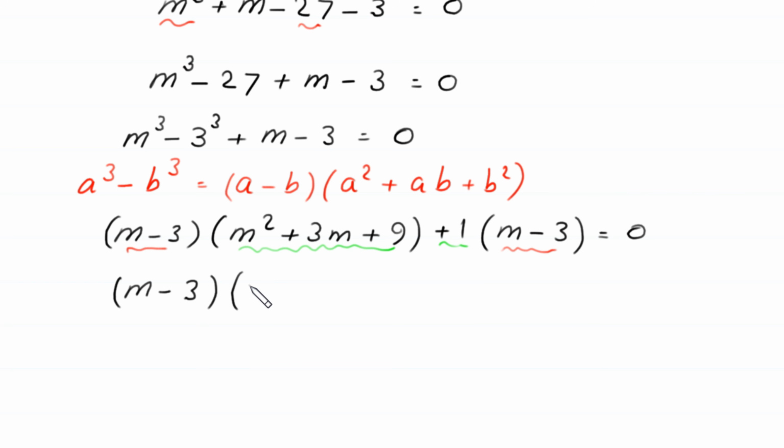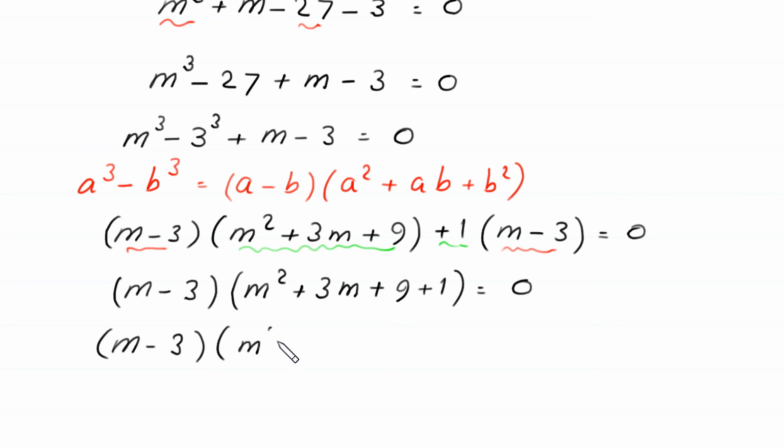In bracket left, m squared plus 3 times m plus 9 plus 1 is equal to 0. Next, m minus 3 times m squared plus 3 times m, this 9 plus 1 will become 10, is equal to 0.